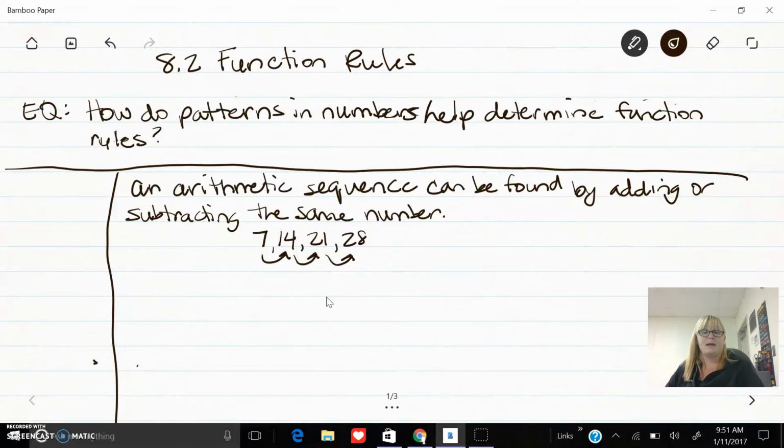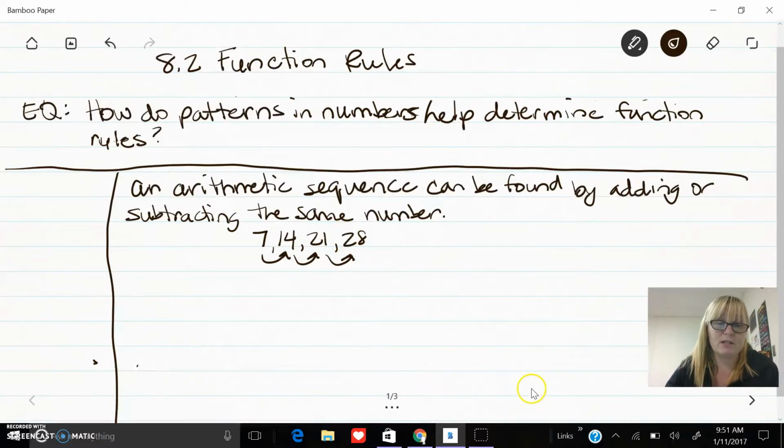I could times by 2, but to get from 14 to 21, multiplying by 2 doesn't work. So I got to figure out how to get from 7 to 14, then 14 to 21, and 21 to 28. The only way to do that is to add 7. So our rule then is plus 7. So I could keep going by 28 plus 7 and get the next sequence number.